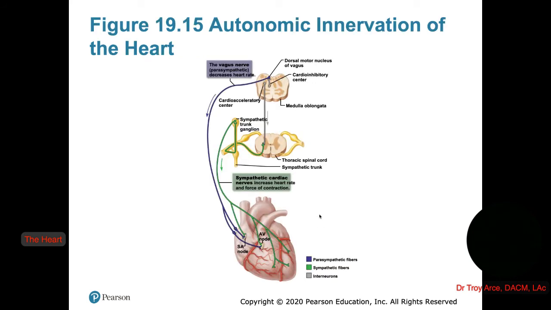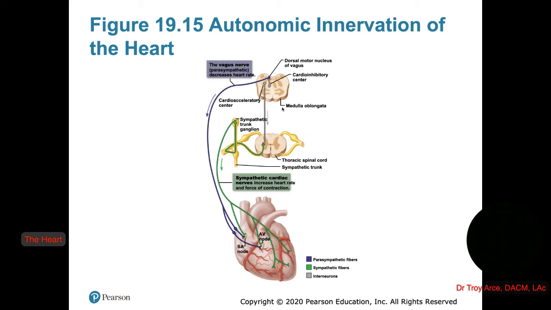Your autonomic innervation of the heart, as you can see in this diagram, you see there's a big connection. The blue represents your parasympathetic fibers, and your green represents your sympathetic fibers. Okay, and the gray is your interneurons.